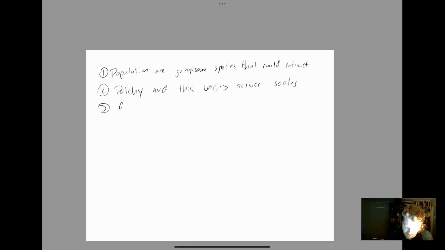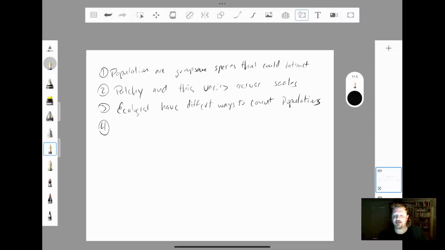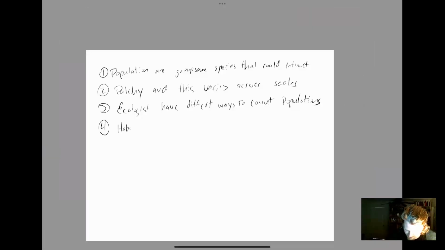That ecologists have different ways to count populations, each of which has strengths and benefits, or costs and benefits. Four, that the range of a species, both locally and globally, is driven by habitat suitability.